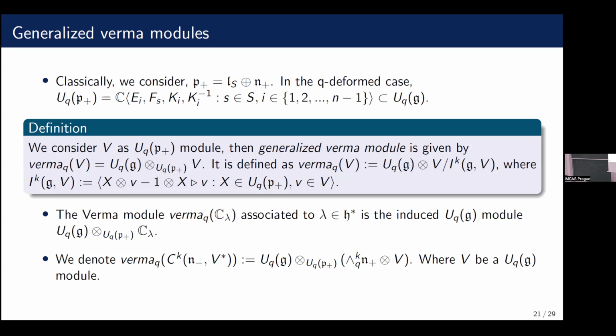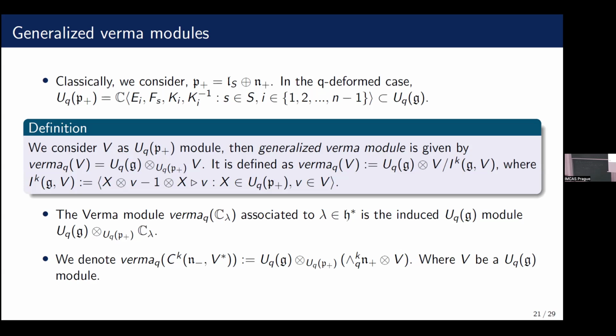when you talk about, so I mentioned in these two points, when you talk about the one dimension, when you are using one-dimensional representation of UQP plus, here I use this kind of notation, Verma C_q lambda.